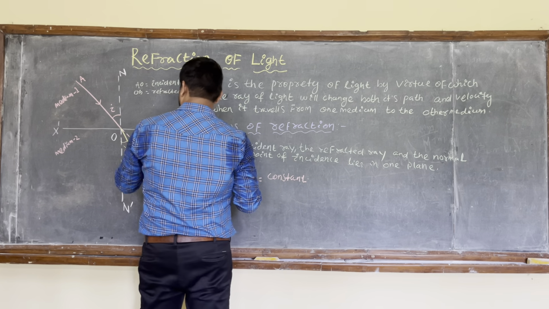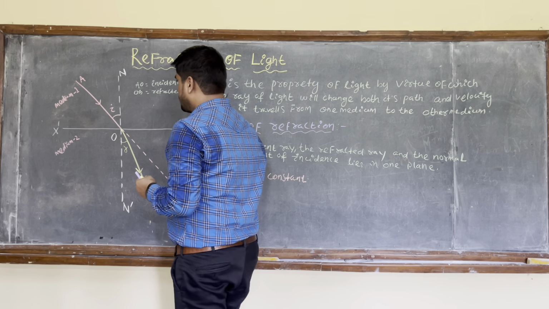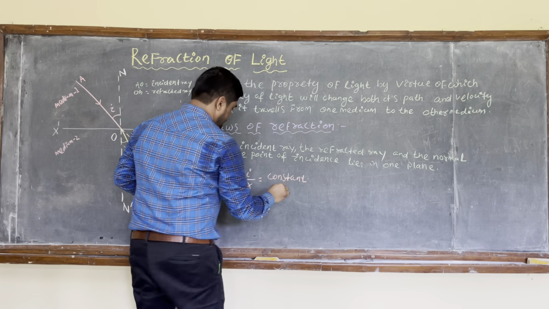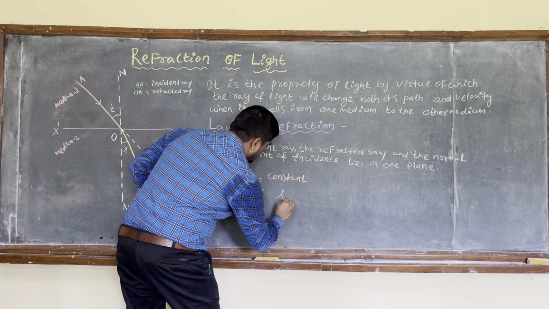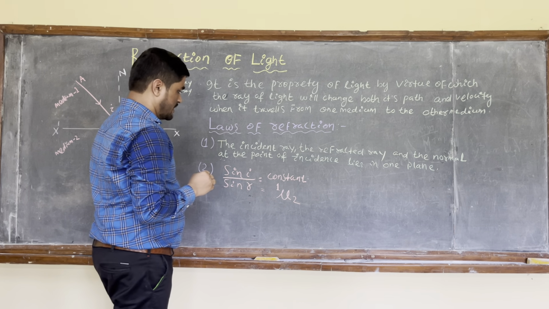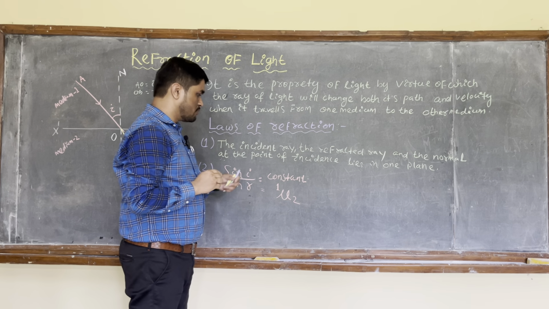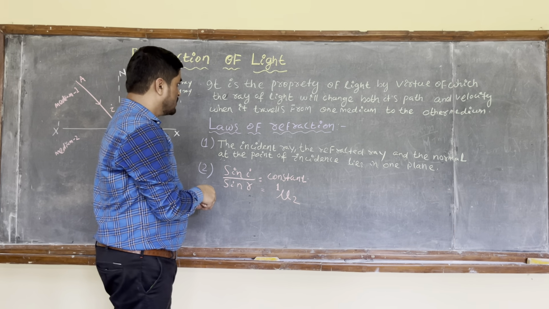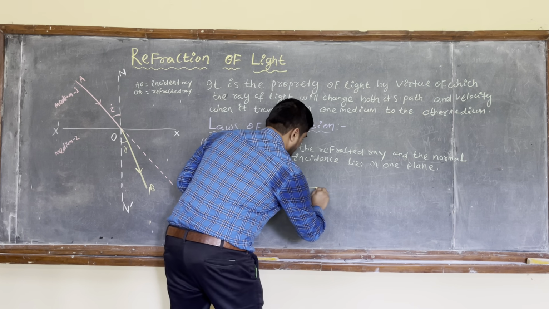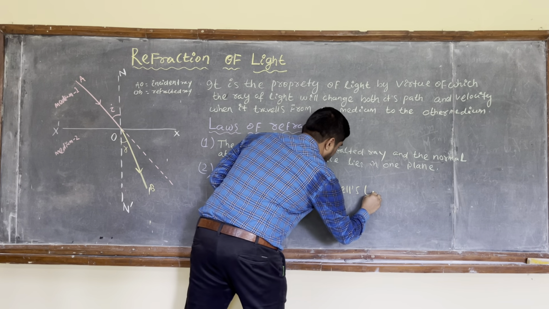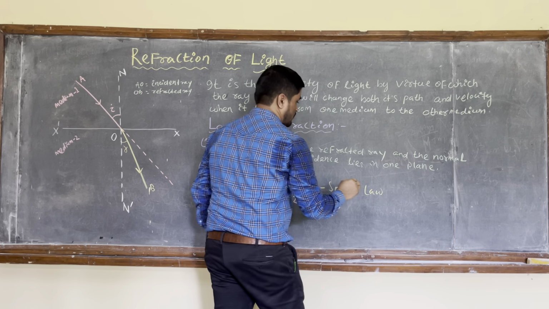Here the ray of light is traveling from medium 1 to medium 2, so it will be mu 2 1, that means refractive index of medium 2 with respect to medium 1. And this law is also known as Snell's law of refraction.